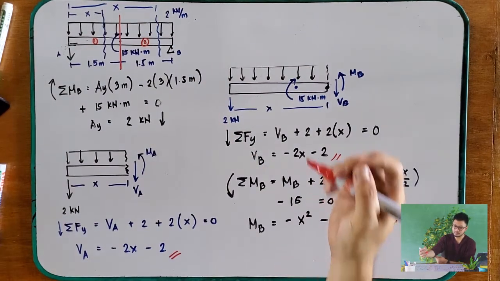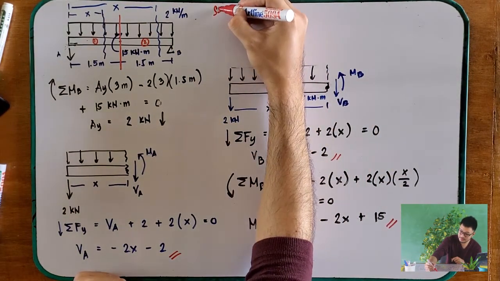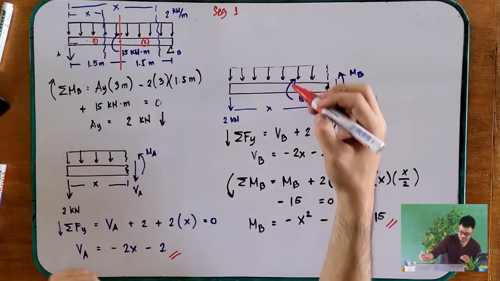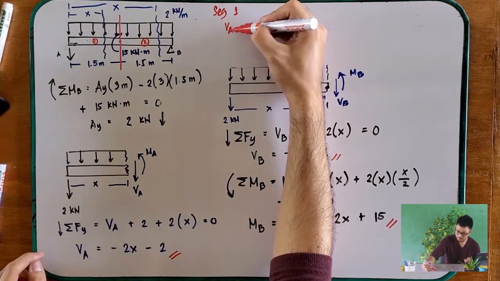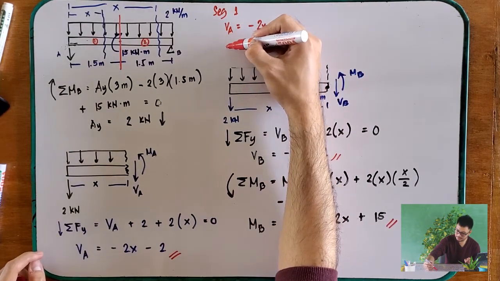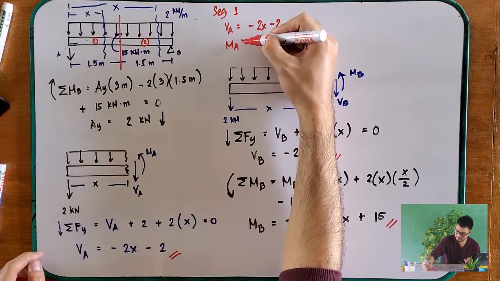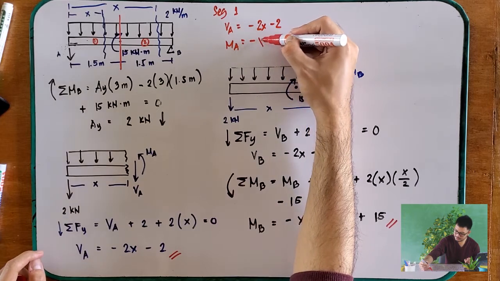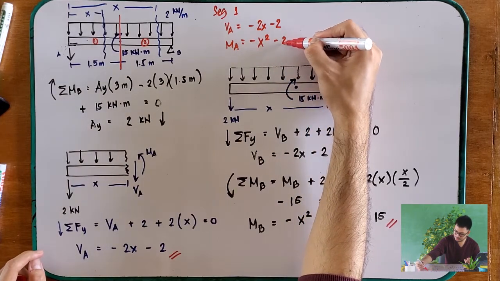Okay. So in segment 1, your VA is equal to negative 2x minus 2. MA is equal to negative x squared minus 2x.